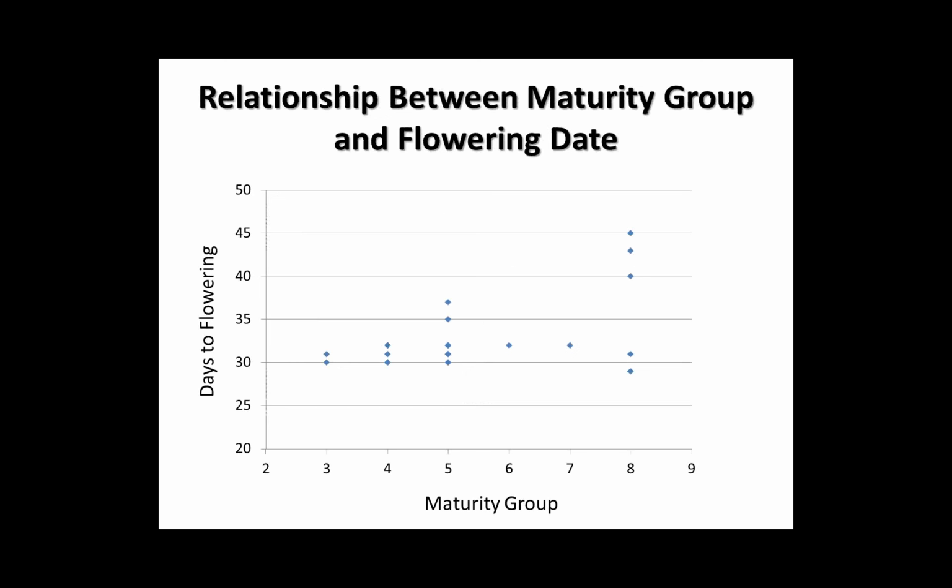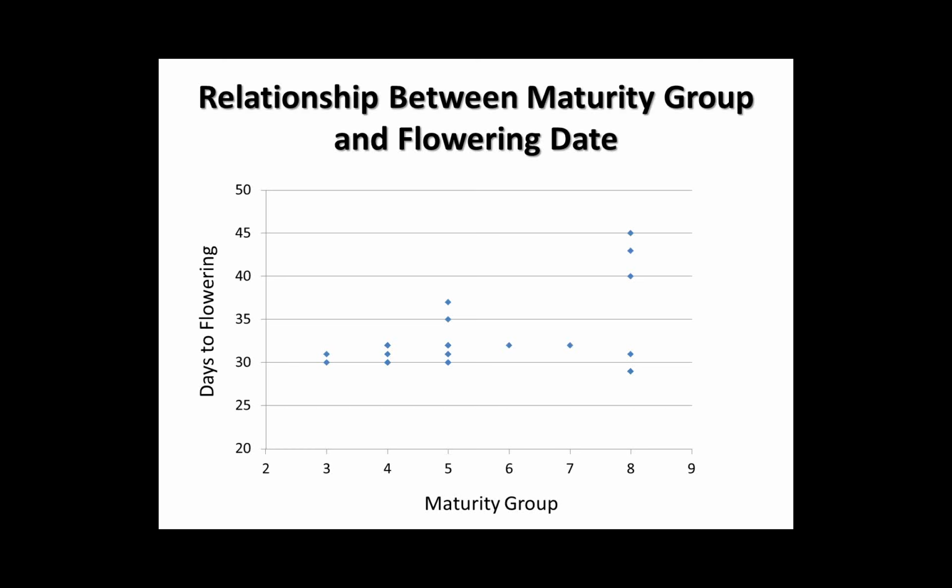And this is from some data that Nicholas sent me in a report that I pulled out. And so what this shows on the x-axis is maturity group from germplasm that Randy sent him, and then days to flower on the y-axis. So what you can see is that at this low latitude, there's little relationship between maturity group and days to flower, which again suggests that the important thing at this short day length is the long juvenile trait.